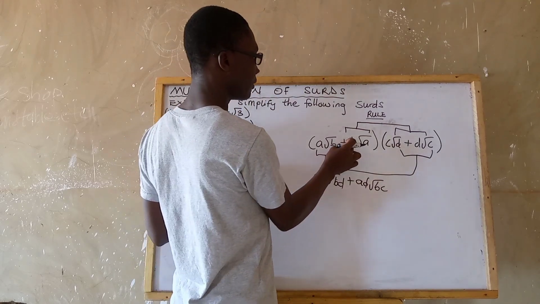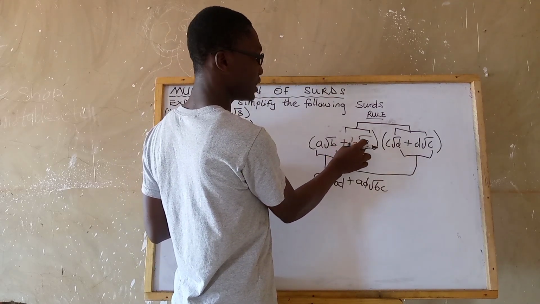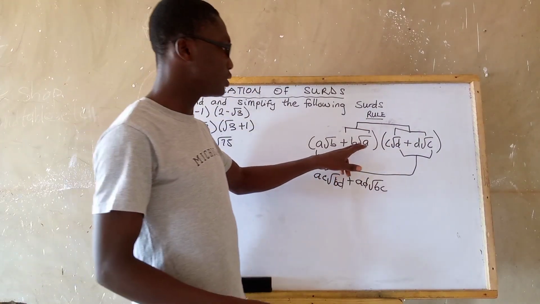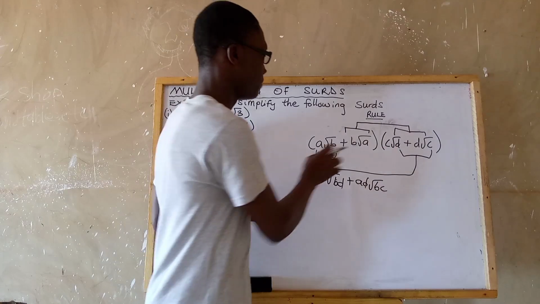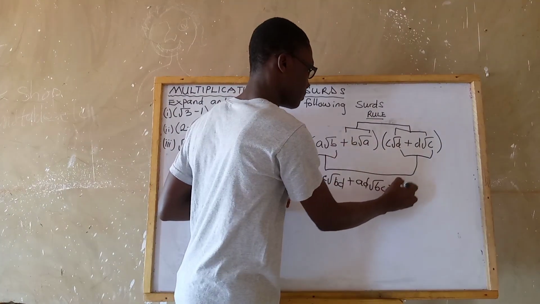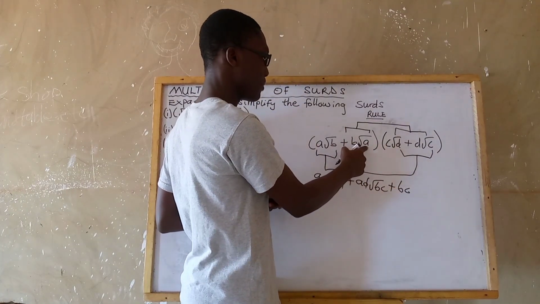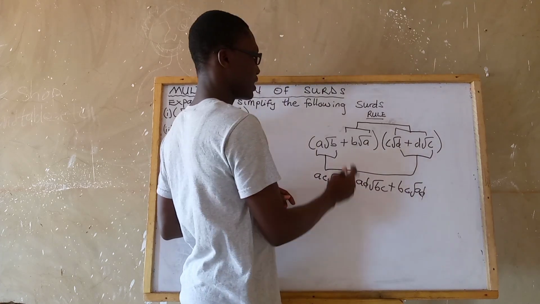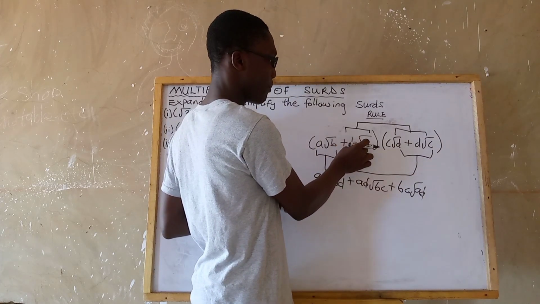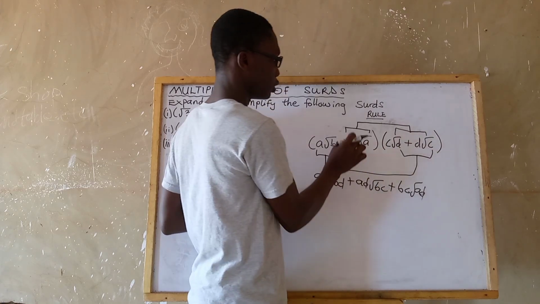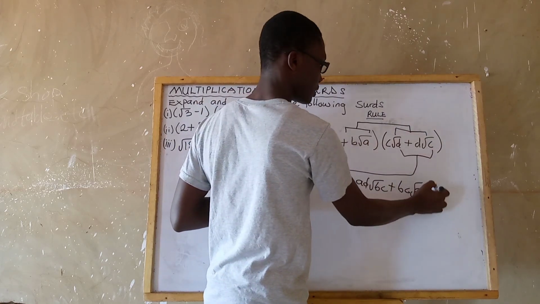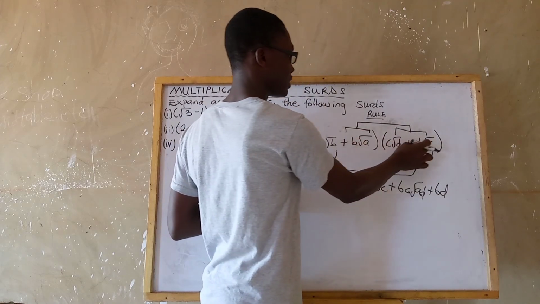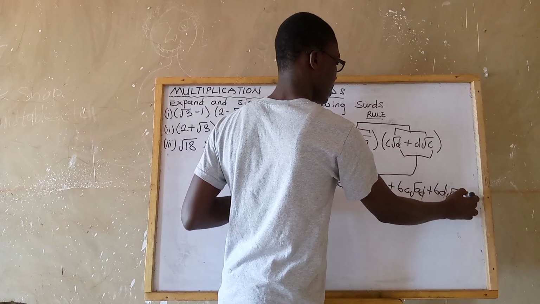And then here we have b√a multiplying c√d. So b multiplies c to give us bc, and then √a multiplies √d to give us √ad. And here b√a multiplies d√c. So b multiplies d to give us bd, and then √a multiplies √c to give us √ac.